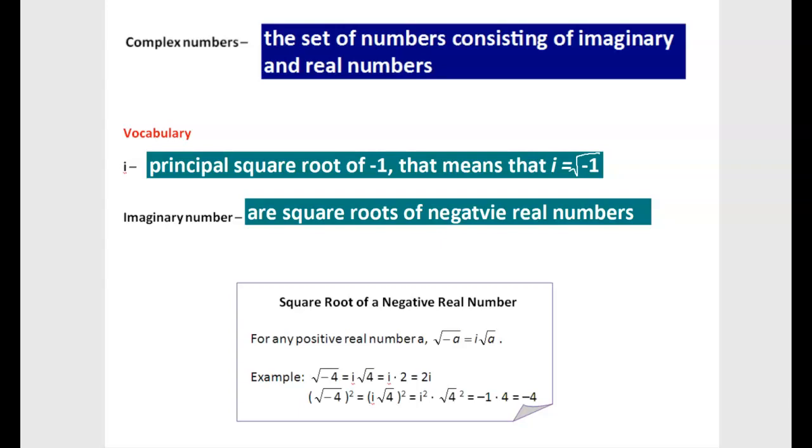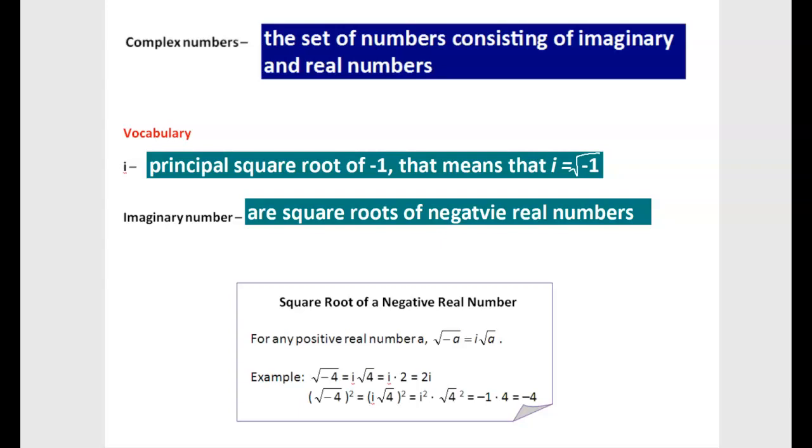And these happen when we take the square root of a negative. So in math, we use the letter i. Amazingly, it's logical: i for imaginary.